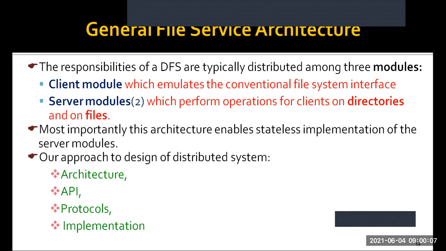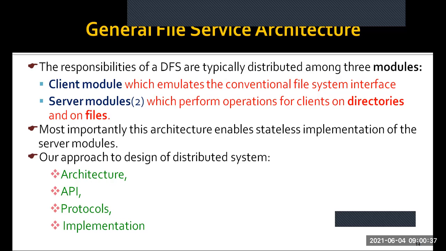The client module emulates the conventional file system interface. It creates the conventional file system interface to access the data from the servers. Coming to the server modules, they perform operations for clients on directories and also on files. So these two server modules work on implementing the operations requested by the client, both on the directories and also on the files.